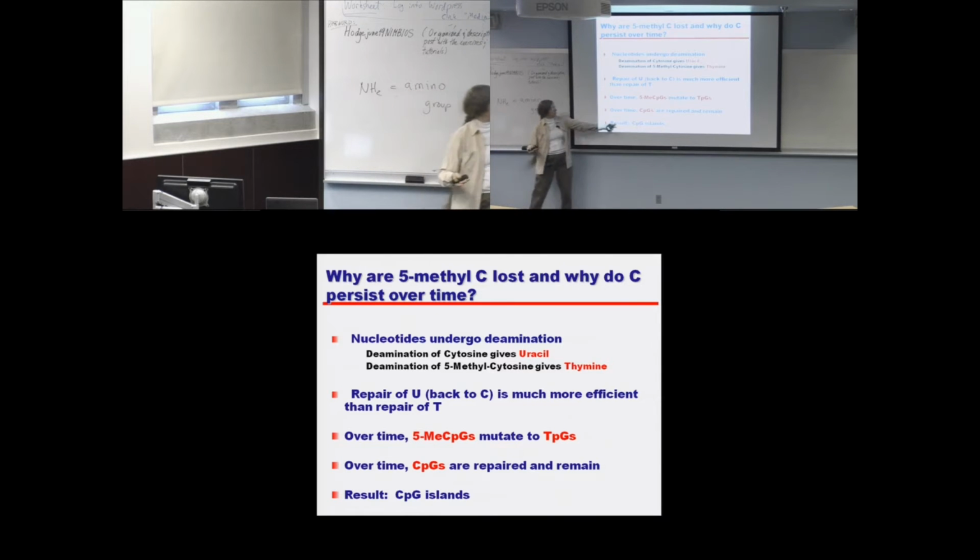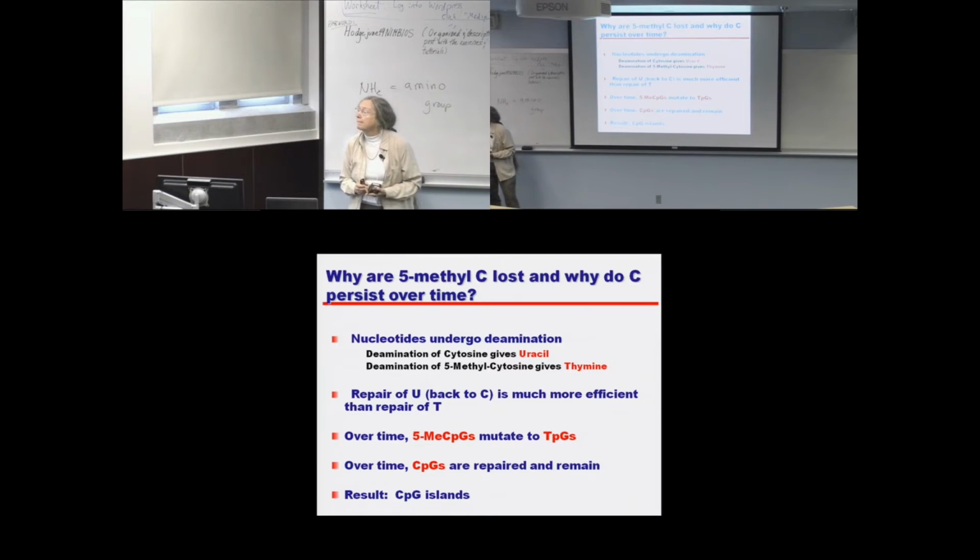So there it is. That's the result, CpG islands. What's the original source of methylation to begin with? There's another enzyme that does that. In development, there's this wave of demethylation, and then appropriate methylation occurs, and that's maintained throughout the subsequent mitoses.